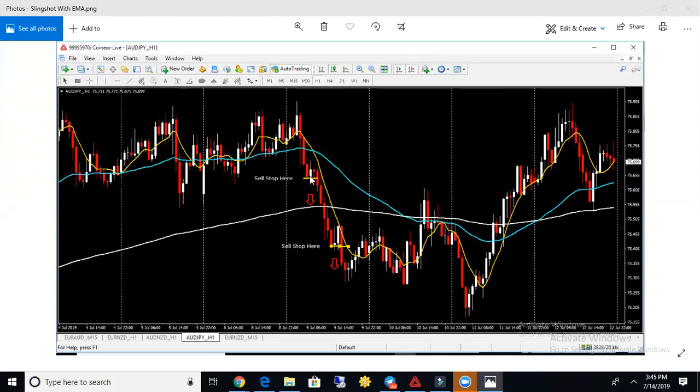You want to set your sell stop at the body, the bottom of the first bullish candle. Let me repeat that again.